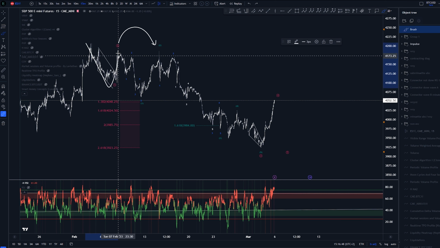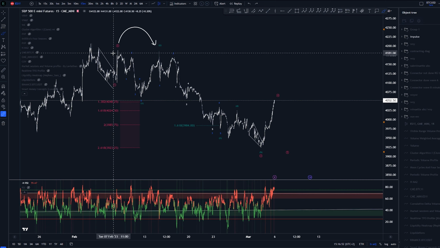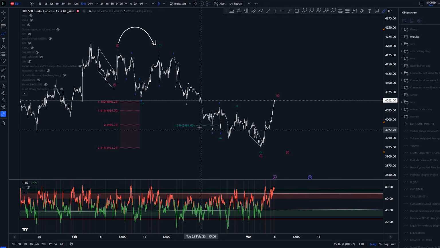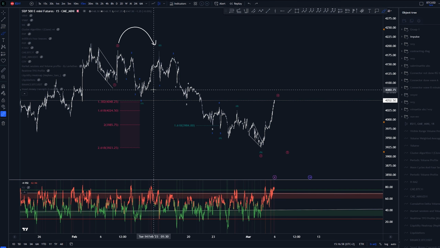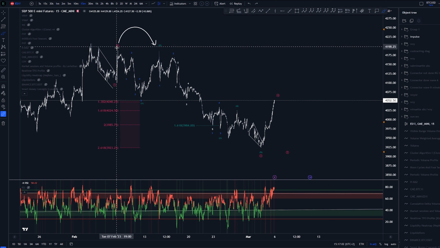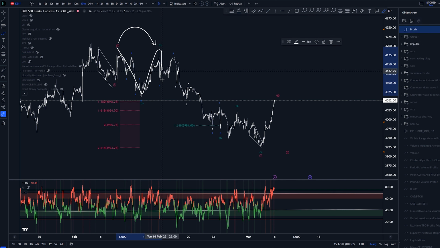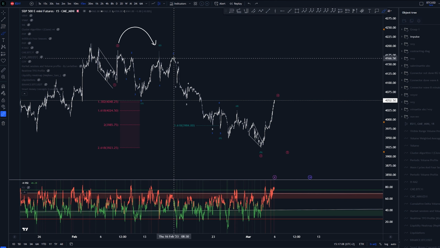So again, 1, 2 or 1, 2, one or the other. If we have it like this, the current way of labeling, then we have a smaller or 1 degree extra overall, and again, later on we should be seeing that as well somewhere. Now, in this scenario, we would have this as 1, 2, 1, 2, 1, 2, a lot of overlapping wave structures giving us nested patterns before we break downwards a bit more with force.